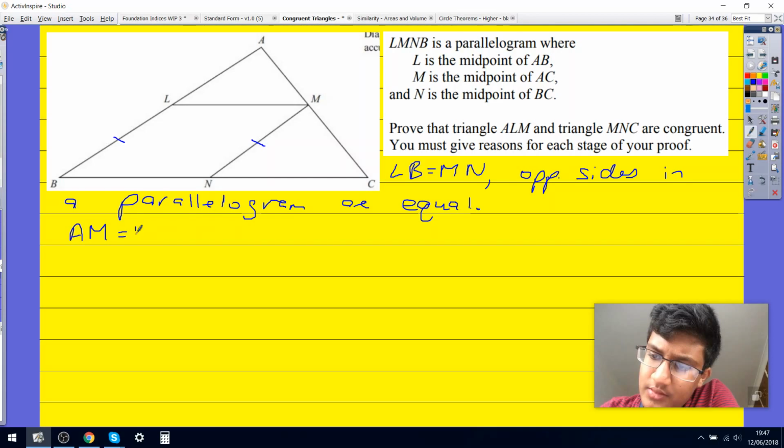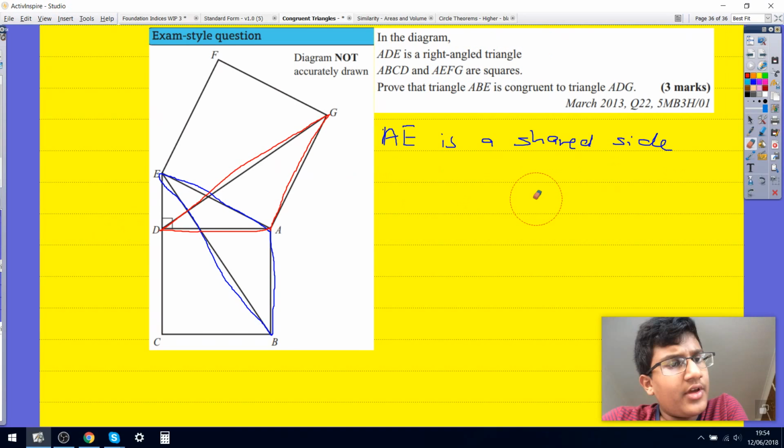Actually, I don't think that will really help. No, I don't think it will help, because they're two squares. The squares aren't the same size anyway.